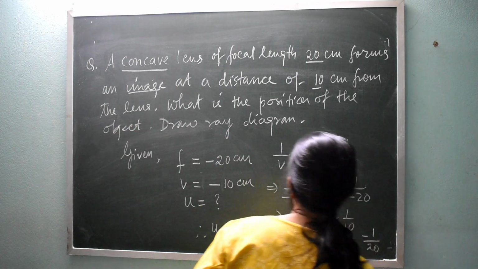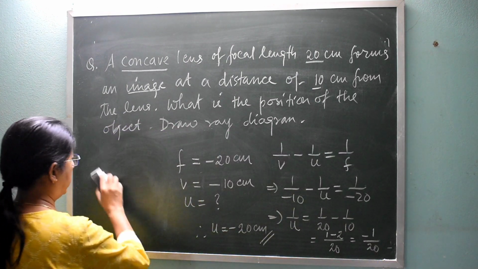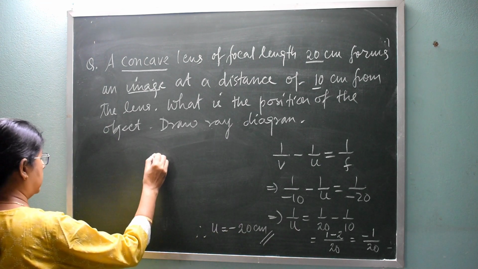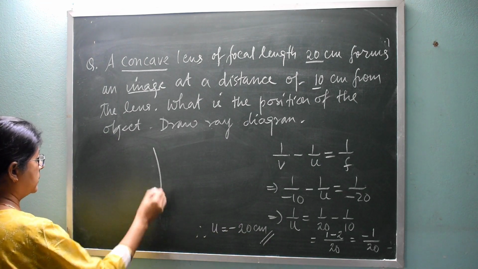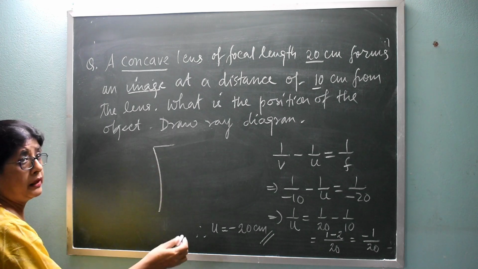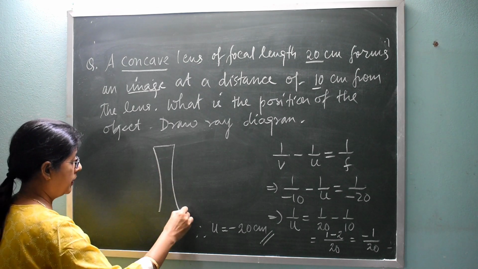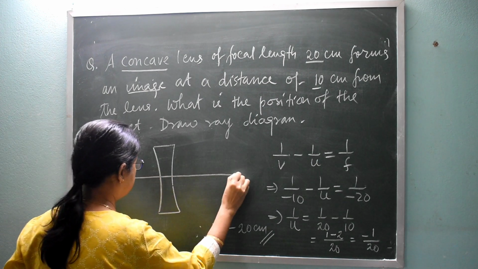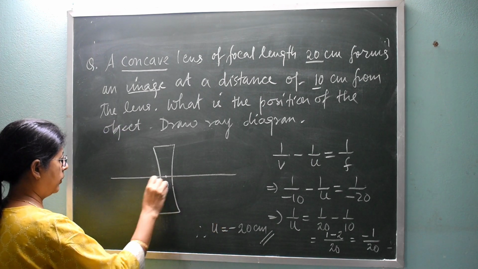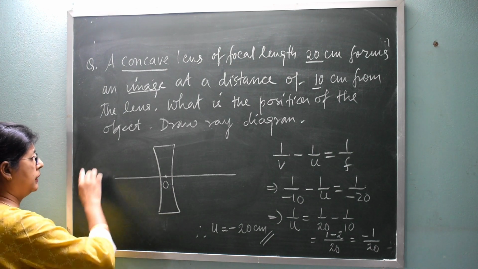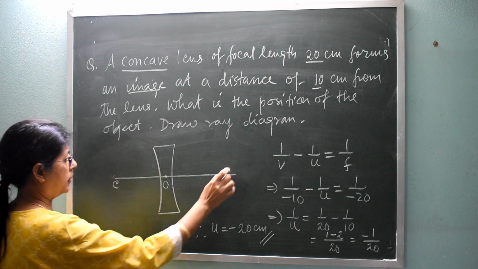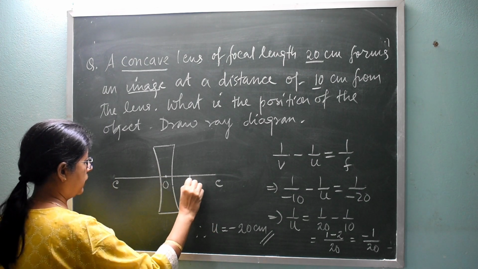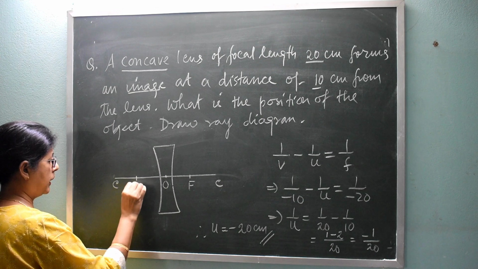Next we are asked to draw the ray diagram. So this is a concave lens. While drawing, I already told you to use a sharp pencil. Don't make the lens very thick; it will be a thin lens. Appropriately locate the optical center, the first center of curvature and the second center of curvature; the midpoint of the radius of curvature is the focal length.